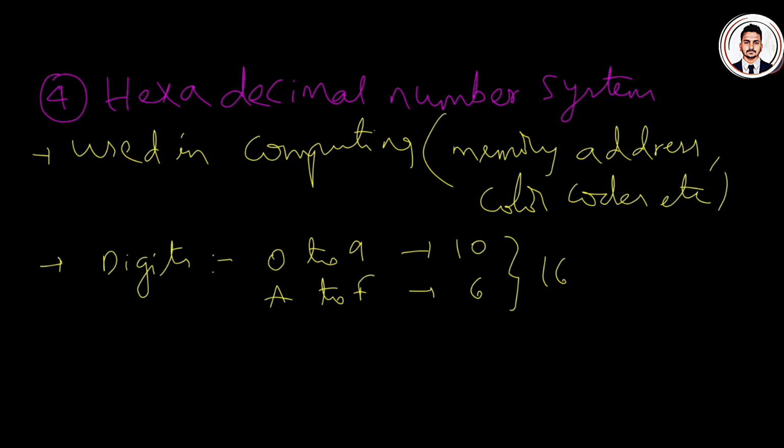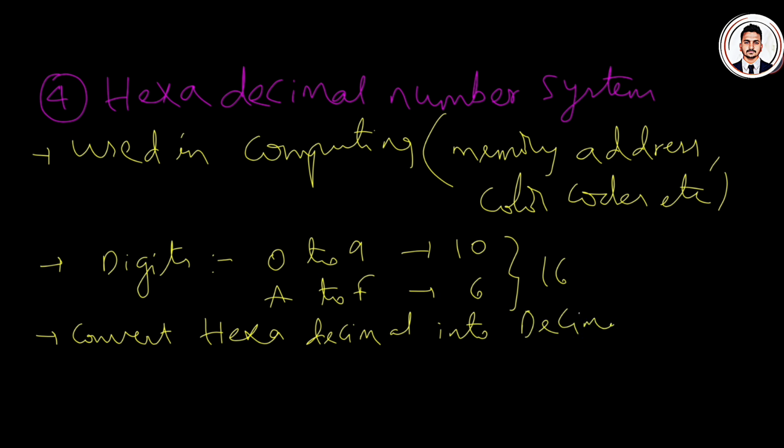Now I will explain how to convert hexadecimal into the decimal number system. We will take one example: 1A base 16.